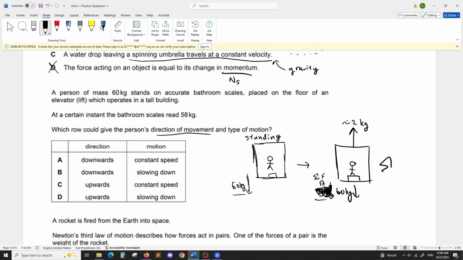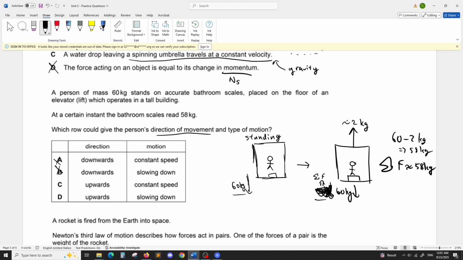We just assume that the sum of forces is about 58 kg. So if we go up 2 kg, this becomes 60 minus 2 kg, which becomes 58 kg. So it's not going to be A or B since we know that it's going up, and we have to figure out if it's going up at constant speed or slowing down.